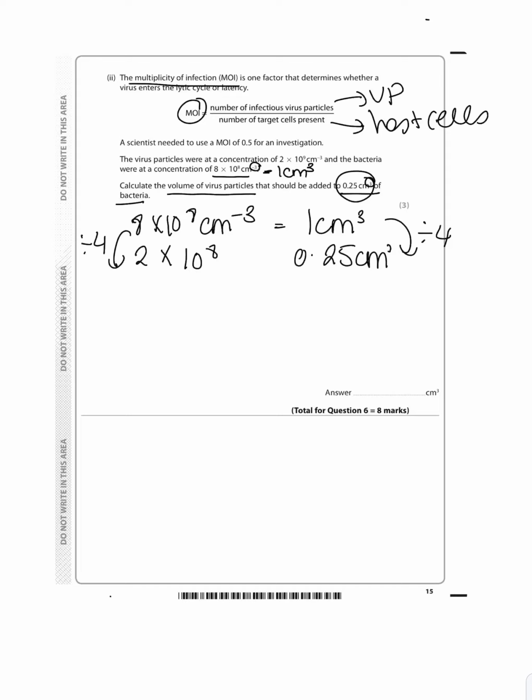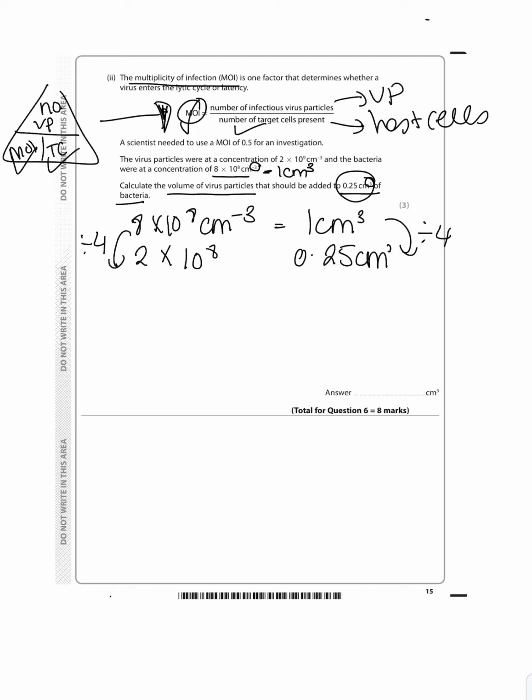Now, we can use this triangle because we have enough information. We have the MOI, and now we've got the number of the target cells. So if we write this into a clearer triangle, the number of virus particles is at the top, the MOI is on the left, and the target cells that are present are on the right.